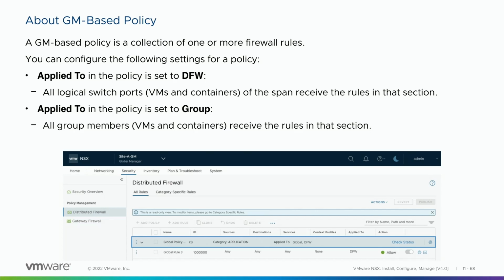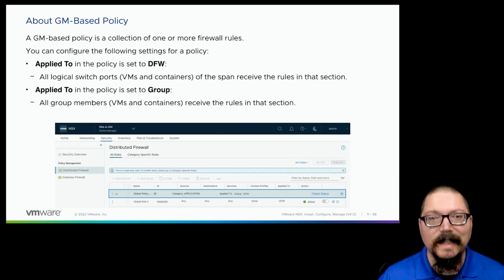In our policy, the applied to can still be DFW, it can still be a group, but in applied to, we also have the ability to apply a policy to a region, again, containing the scope of where those rules are going to be realized.